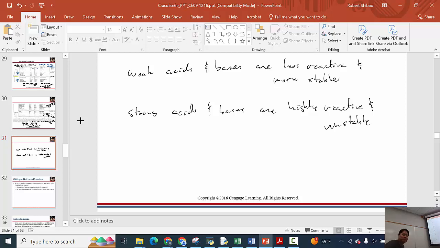In water, this could be with water, but once we have that, then we know there are other acids and bases other than water, so we'll look at that in more detail next.